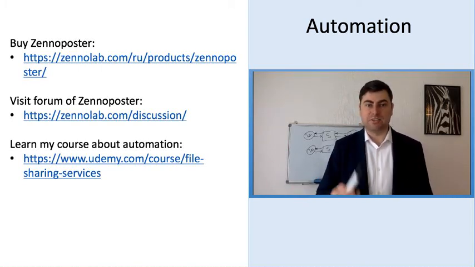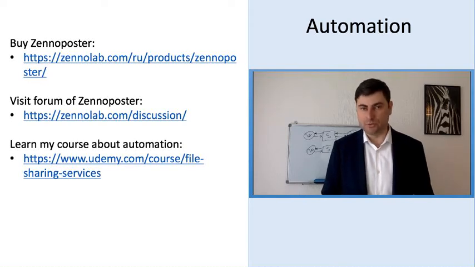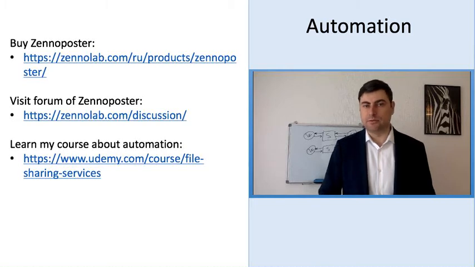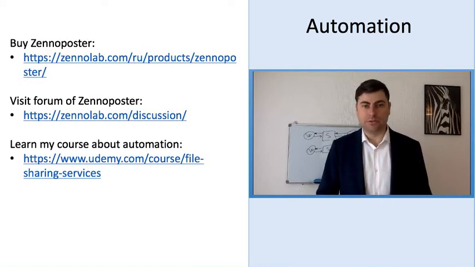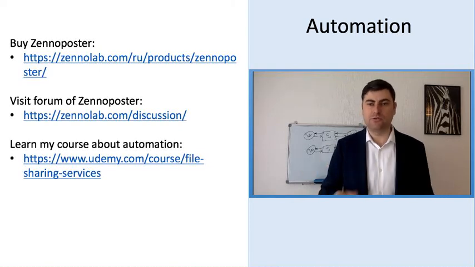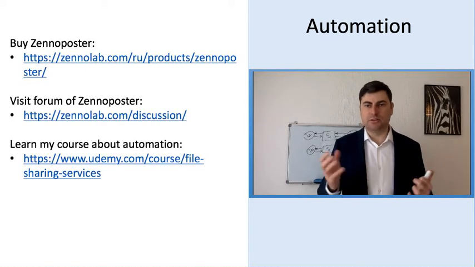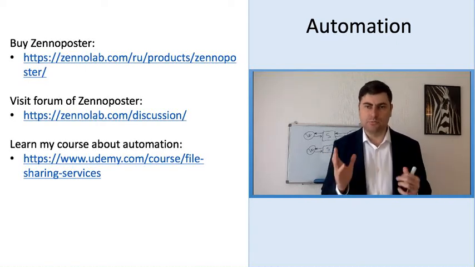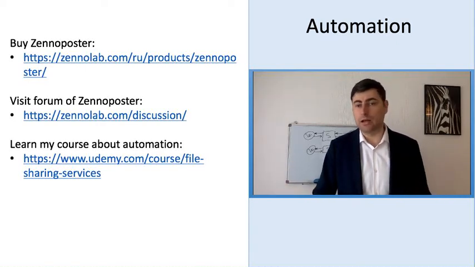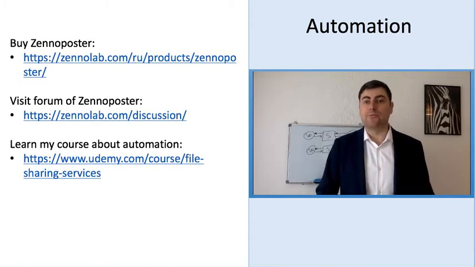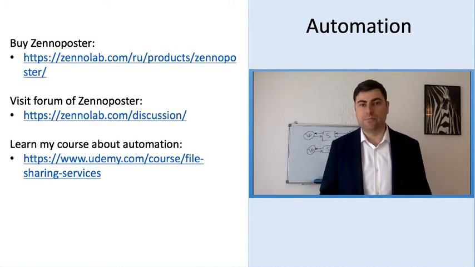So Xena Poster will allow you to do that. Just go to this link, xenalab.com, choose your language, and download Xena Poster in your language, English, Russian, doesn't matter, just download it and install. It costs very little money, so you can afford it, but it will save a lot of time.